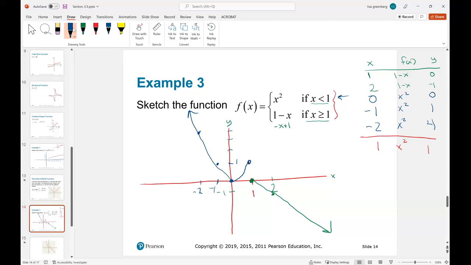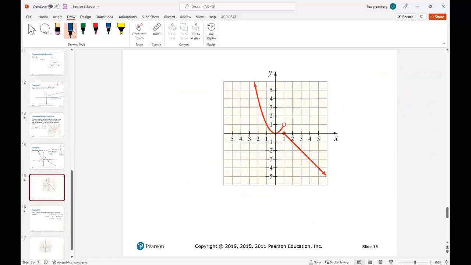And we can see that we have this parabola, which is x squared when x is less than 1, and I have this straight line which has a slope of -1. And it has a y-intercept of +1, which if I did continue this, we could see that that's where it would go. So this is how you sketch a piecewise function and how you evaluate a piecewise function.